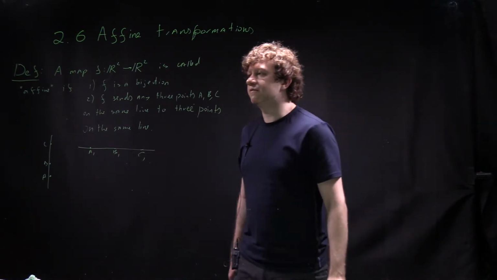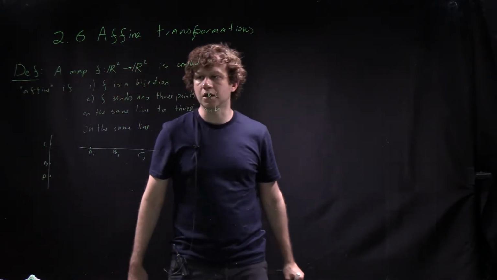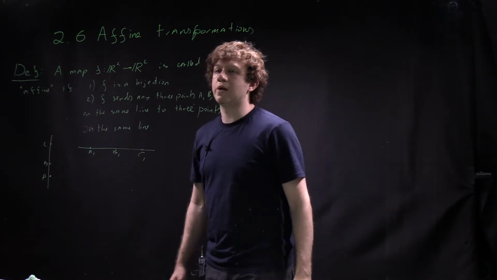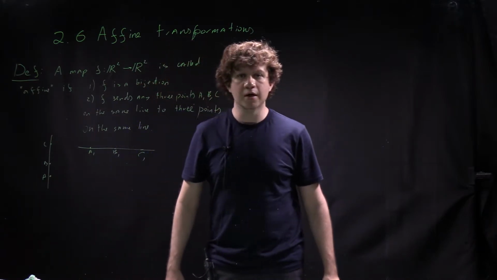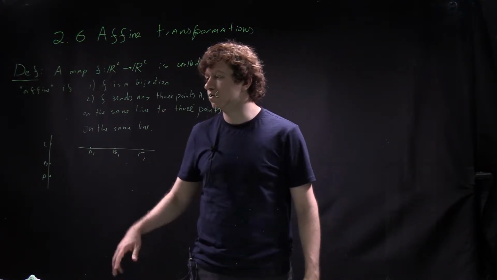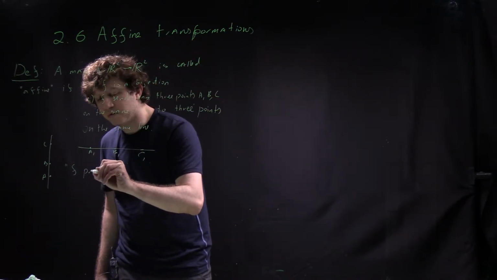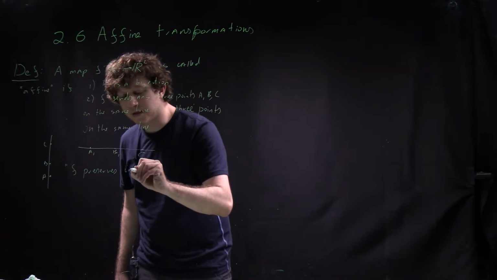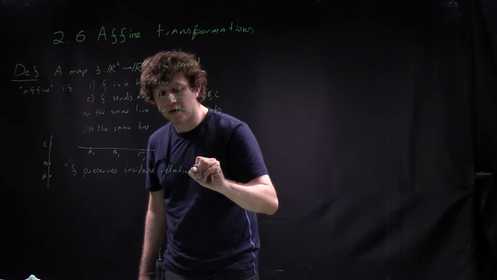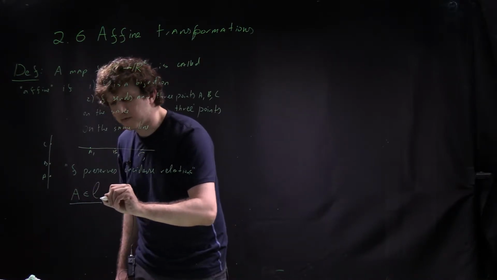And a priori from this definition, it's absolutely not clear what kind of transformations these are. Can we classify all of them or not? We will actually classify all affine transformations and see how we can use them to solve problems. But this is quite a non-trivial problem. So a priori from this definition, F only preserves the incidence relation, which means if you have a pair of a point and a line, then it basically preserves this.